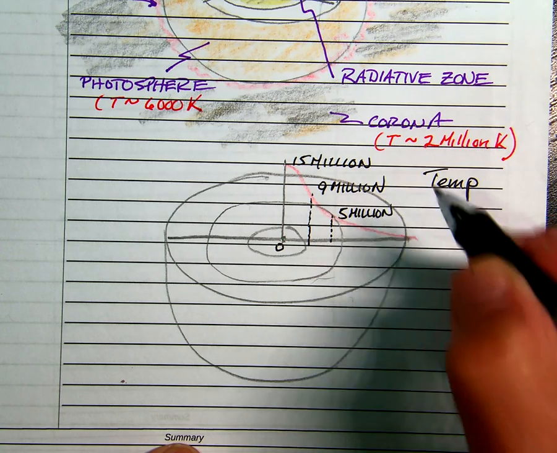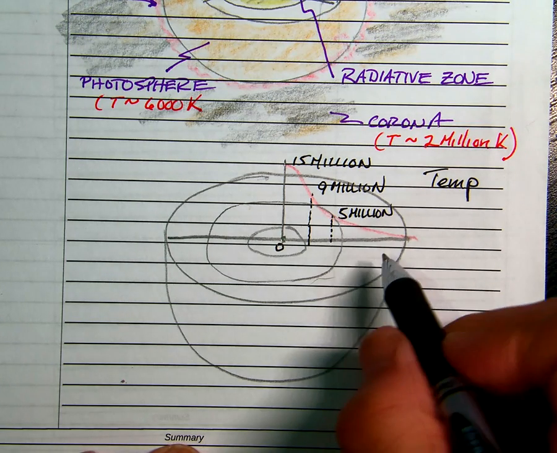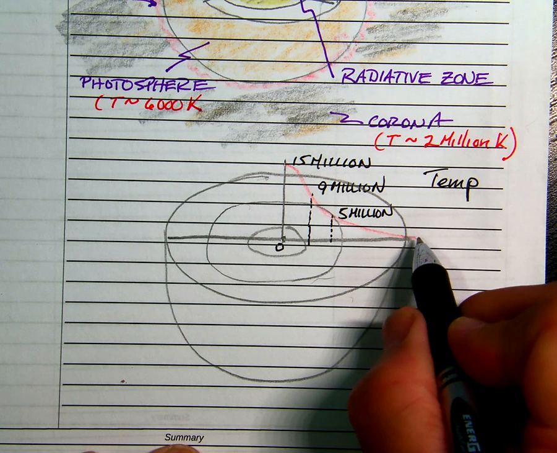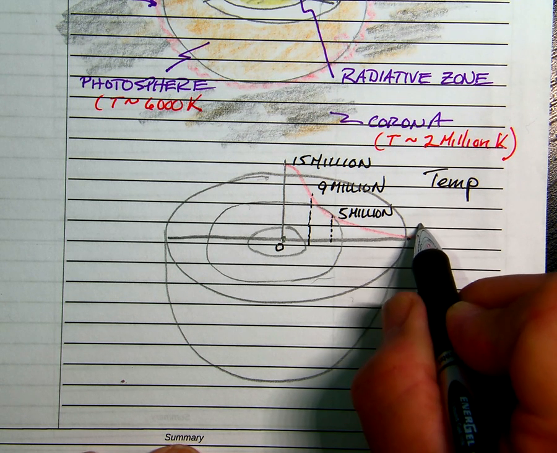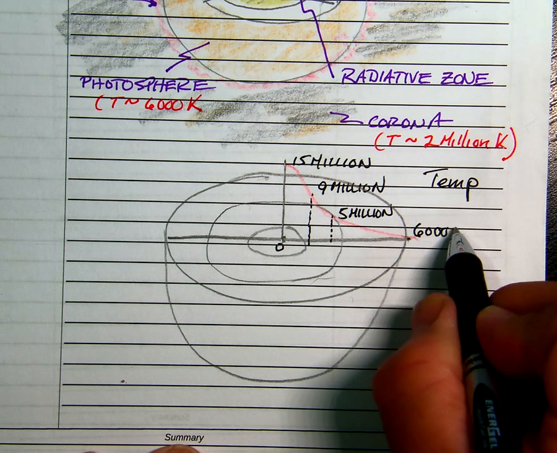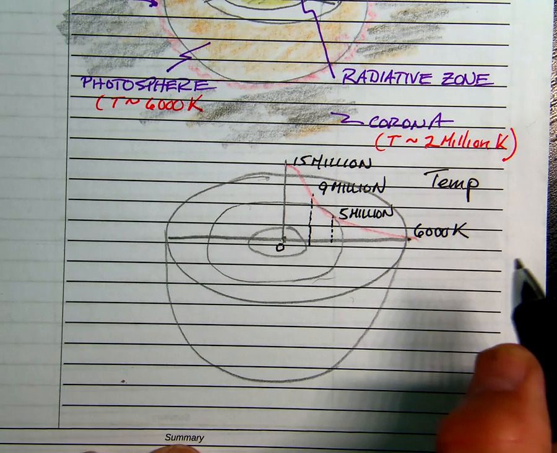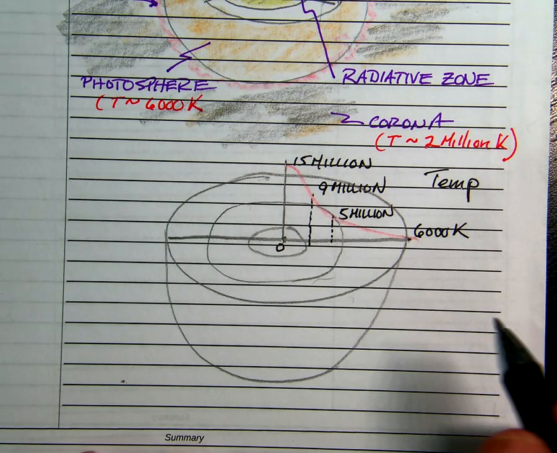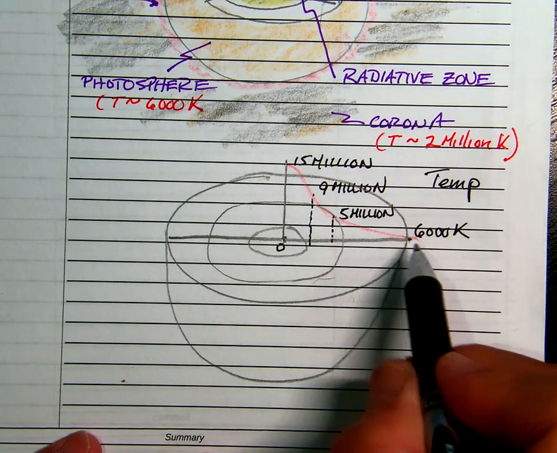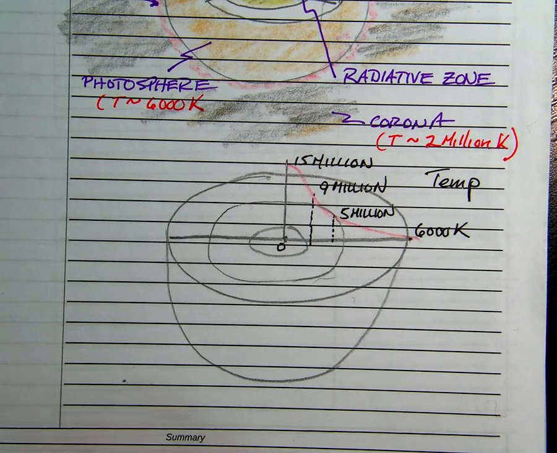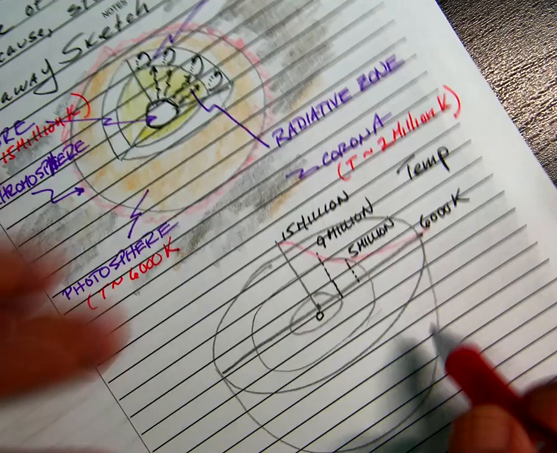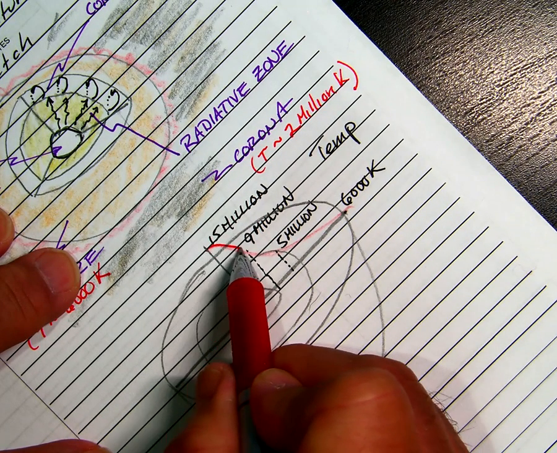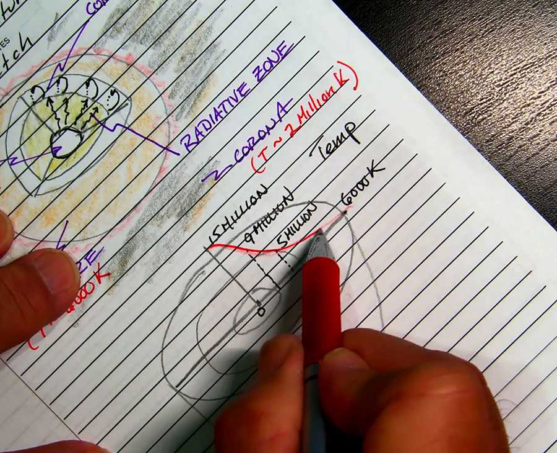And then it drops drastically to 6,000 degrees Kelvin at the photosphere. In between it's like 3 million and then 1.4 million, just following the curve. We'll do this curve a little bit, right there like that.